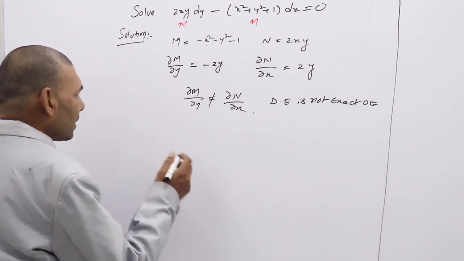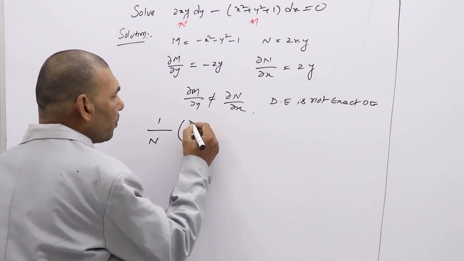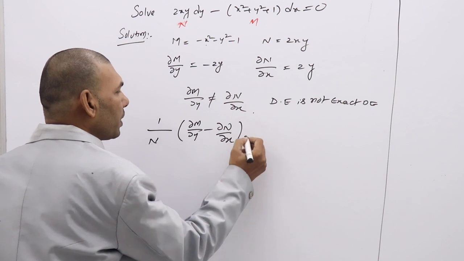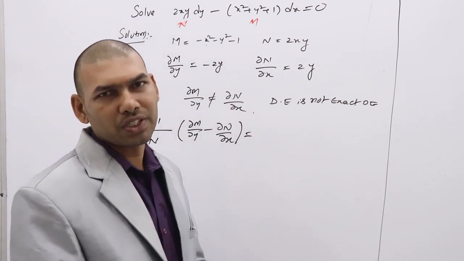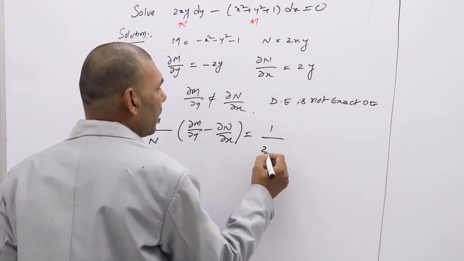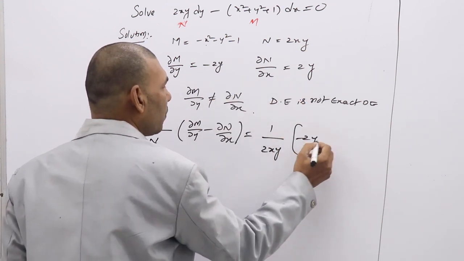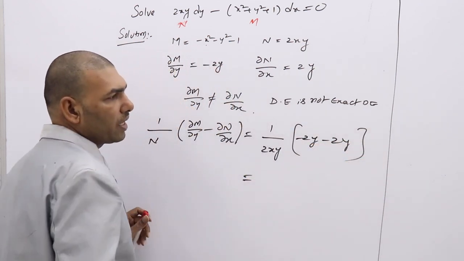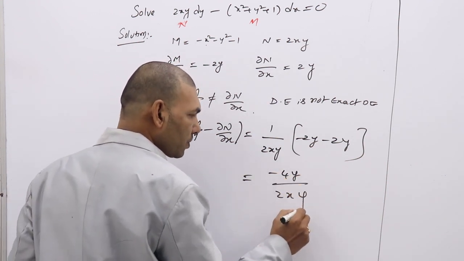In that case, think about two other integrating factors. First, 1 by N into dou M by dou y minus dou N by dou x. What do we get? What is N? 1 by 2xy times (minus 2y minus 2y), that is minus 4y by 2xy.